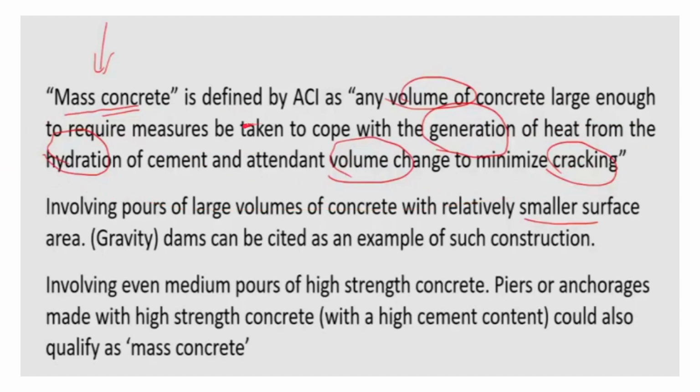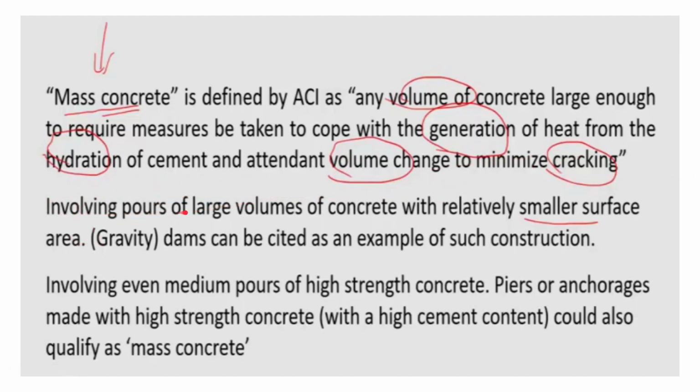So mass concrete is any concrete so large that it requires various measures to reduce the heat generation due to hydration, as well as to minimize the cracking occurring due to volume change, basically shrinkage cracking. All of this happens mainly because of the generation of heat from hydration.